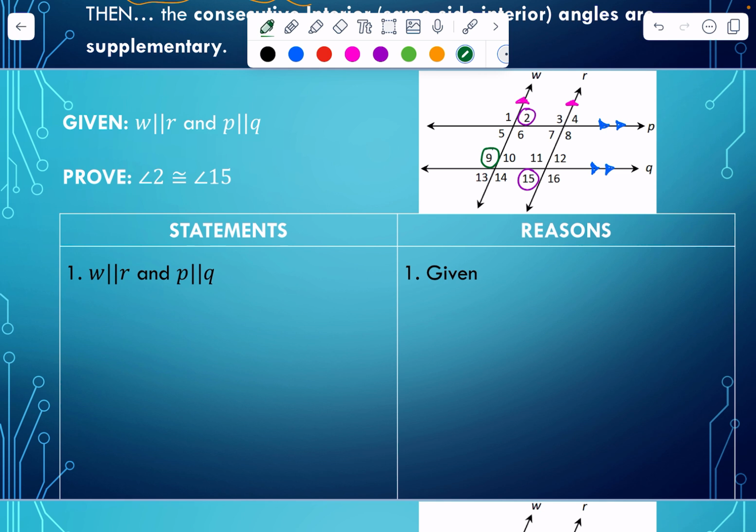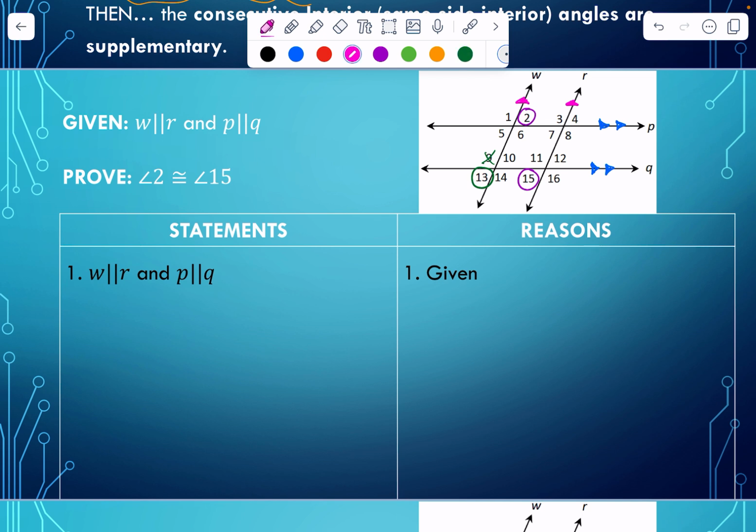Does 9 have a relationship with 15? No. So we know we're not going to need 9. Let's go to another one. What about 13? Angle 2 and 13 are alternate exterior angles. 13 and 15 are corresponding angles. So that is one possibility.